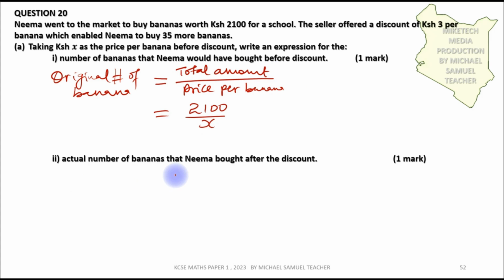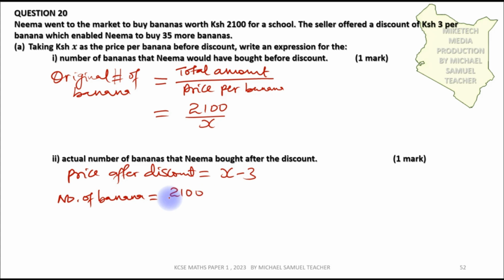Then Roman 2, the actual number of bananas that Nema bought after discount. So, the price after discount will be X minus 3. So, the number of bananas after discount will still be the total amount, which is 2,100 divided by the price after discount.